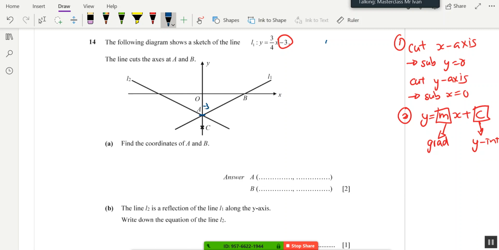So the x is how many? 0, right? So A is (0, -3). Okay, so for B, we write down sub y equals 0, which means 0 equals 3 over 4x minus 3. Bring the minus 3 over, 3 over 4x equals 3. Then use your calculator, just divide by 3 over 4. So this guy is 4, 0.